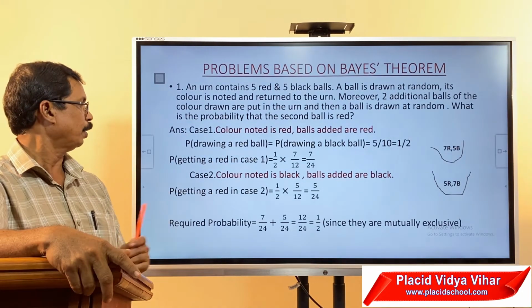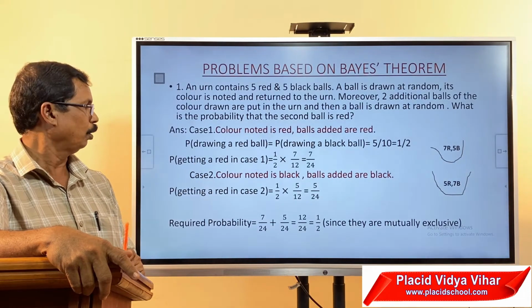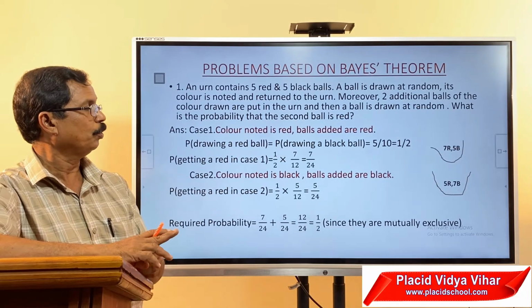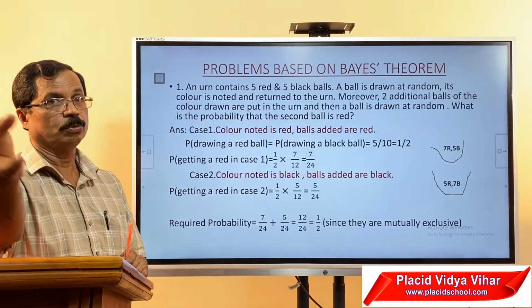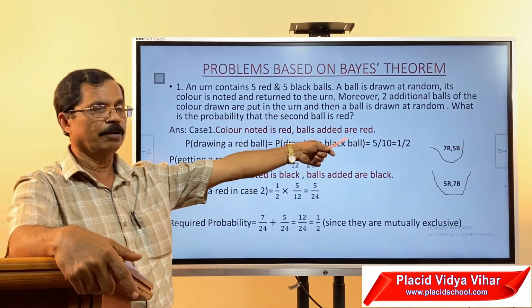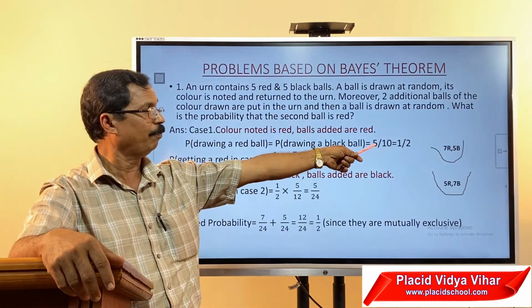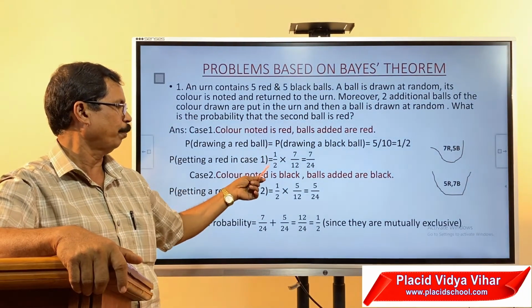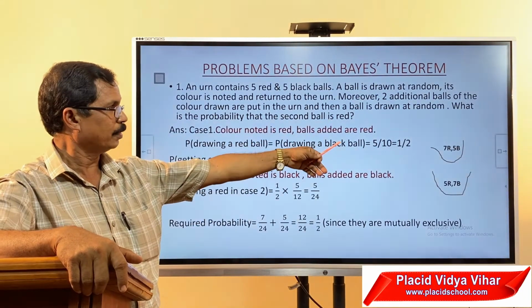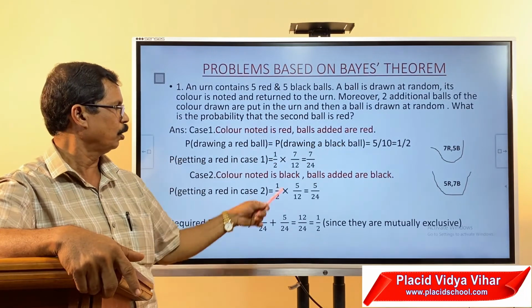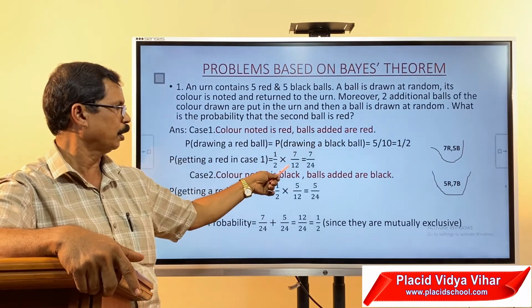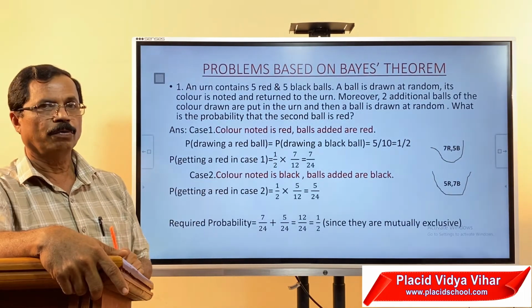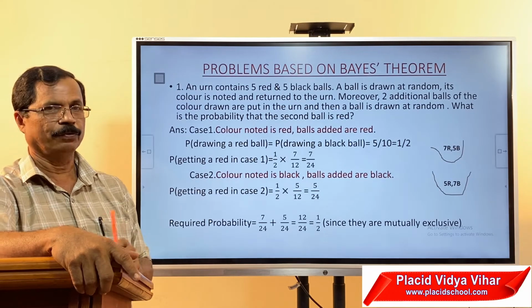That is half into, as you know, when we add two more balls of the same color, the first case becomes 7 red and 5 black. So you can write it as 1 by 2 into, in the second case, there are a total of 7 red balls and total 12, so its probability is 7 by 12. You have to multiply 1 by 2 into 7 by 12. So your answer will be 7 by 24. That is case 1.